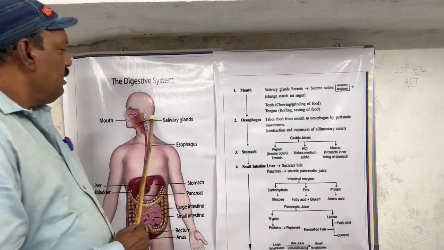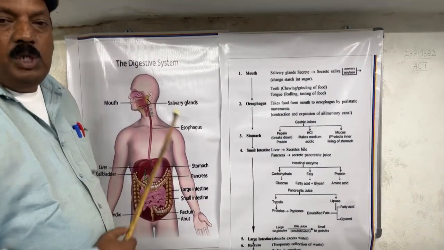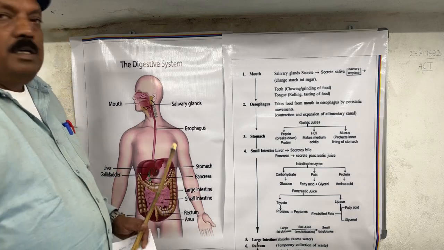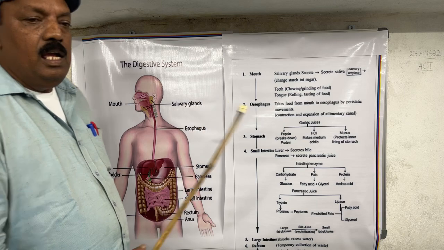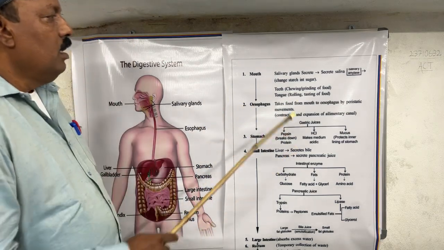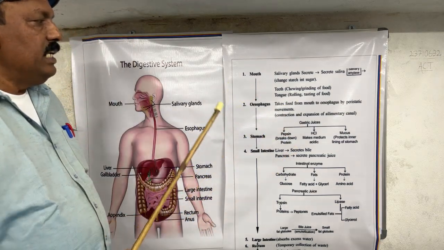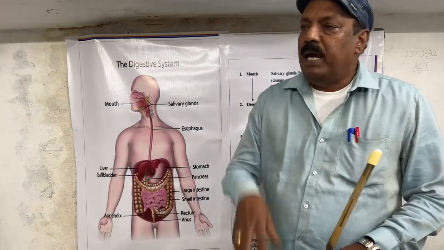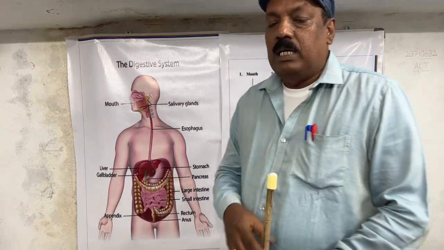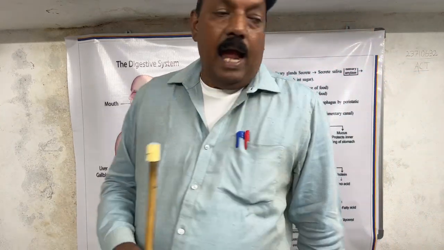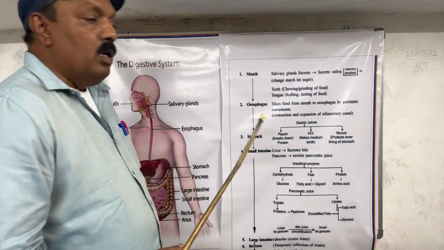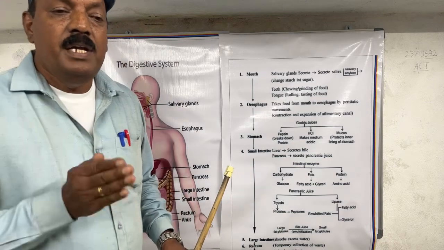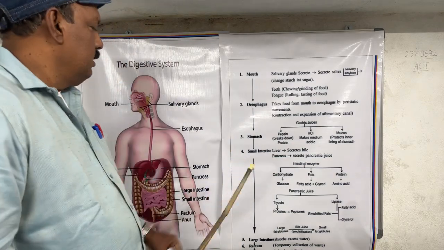These salivary glands provide an enzyme, ptyalin, P-T-Y-A-L-I-N, which makes the food move smoothly, and that is called bolus. In this, the complex carbohydrates are divided into simple carbohydrates.